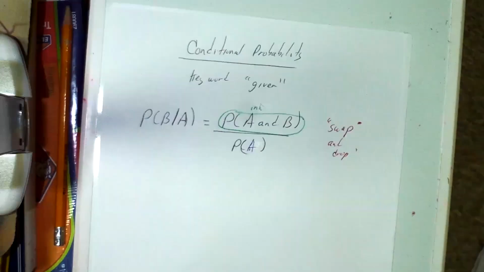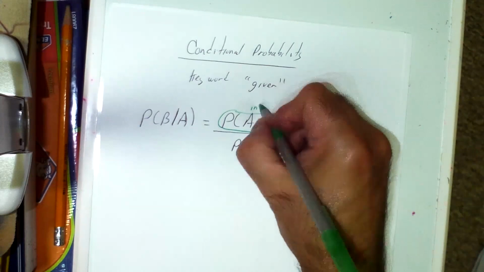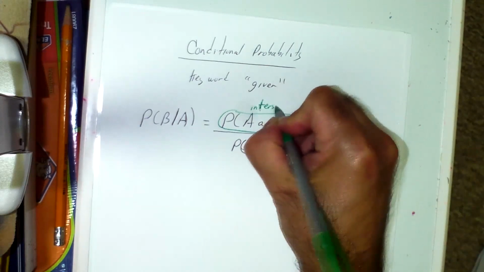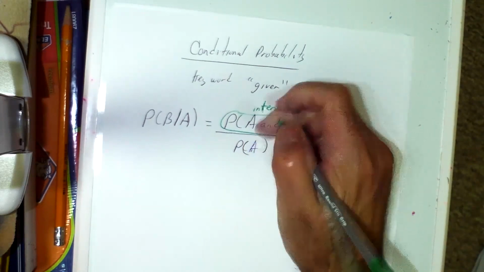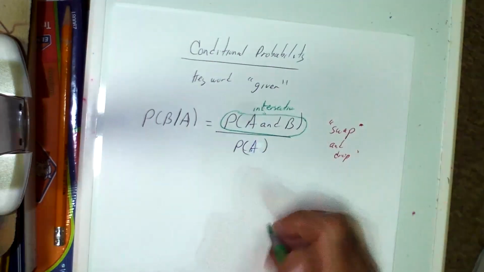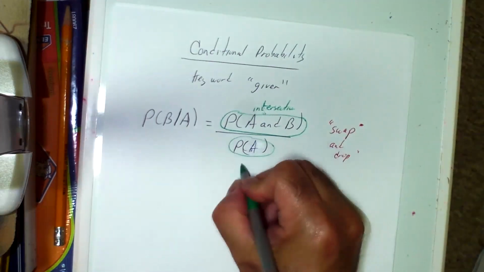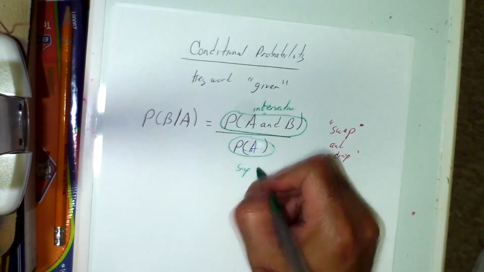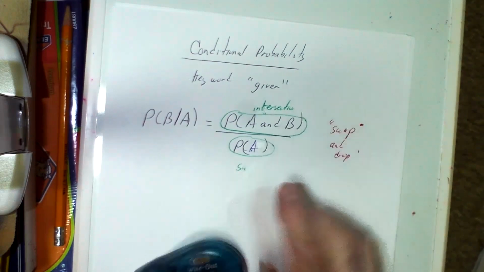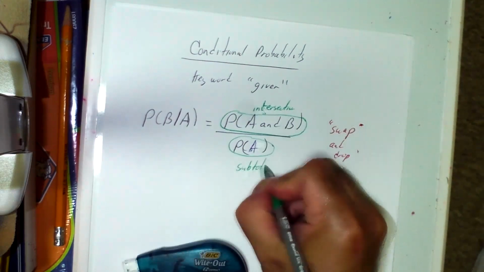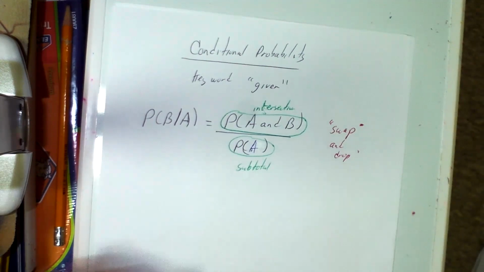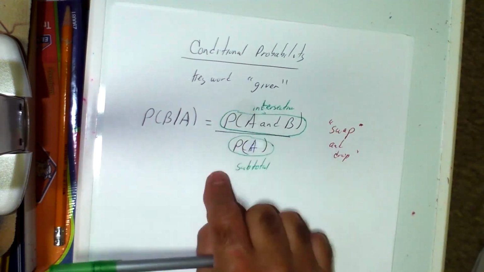So the top number will be an intersection, and the bottom is going to be a subtotal. Intersection is the top, bottom is the subtotal.